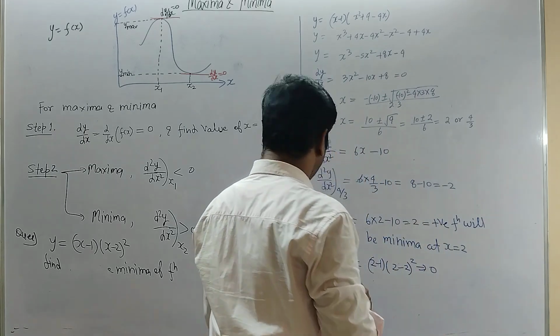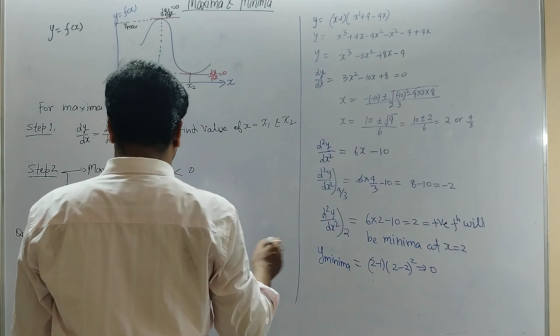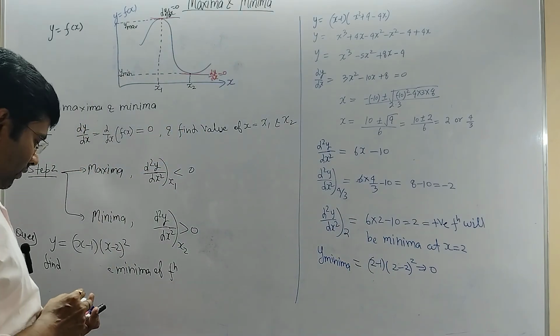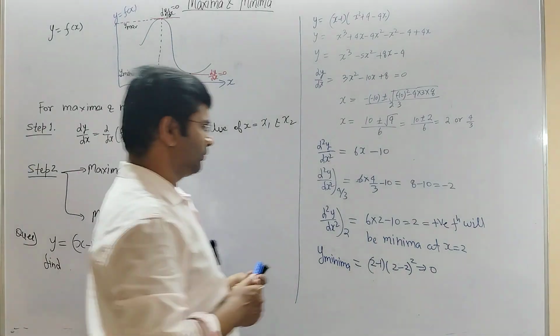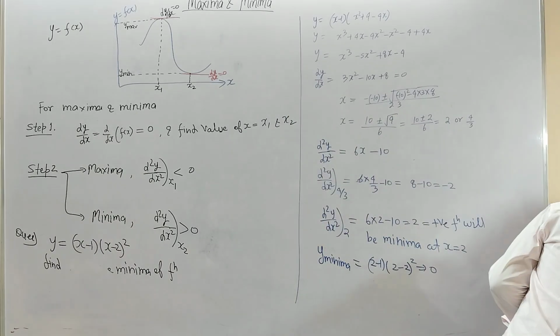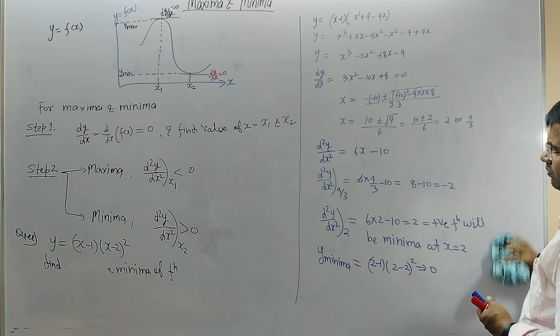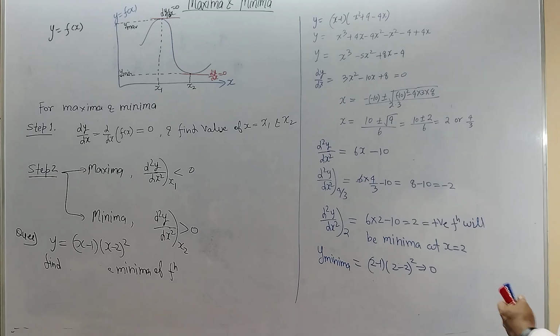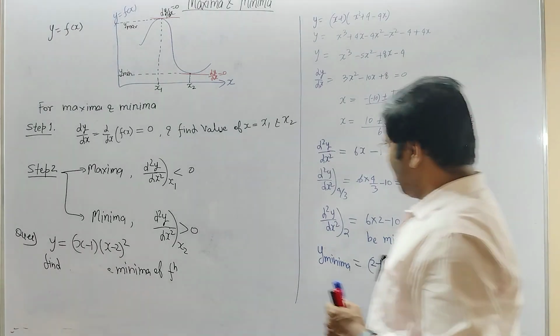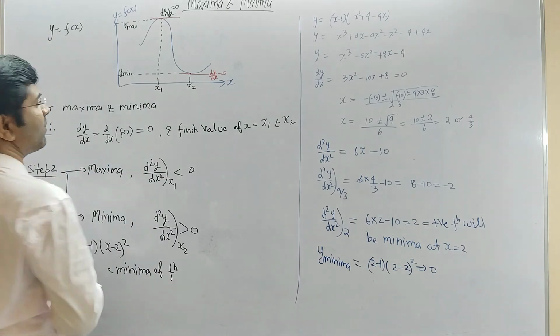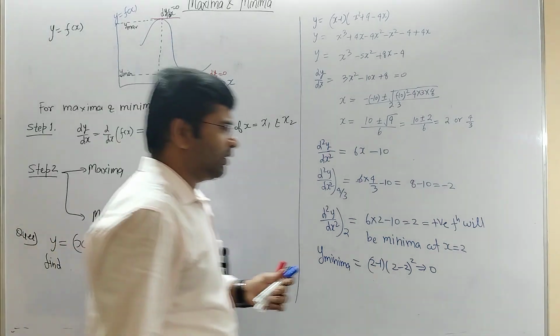Okay, so this is the value of y, minima. What would be the maximum value? We can find out here by putting 4 by 3. Okay, so this is how we can find out maxima and minima.